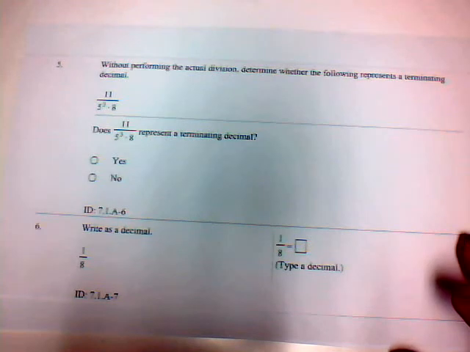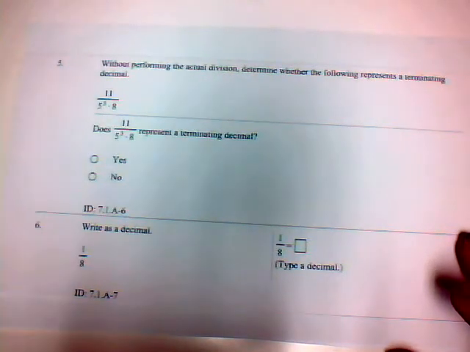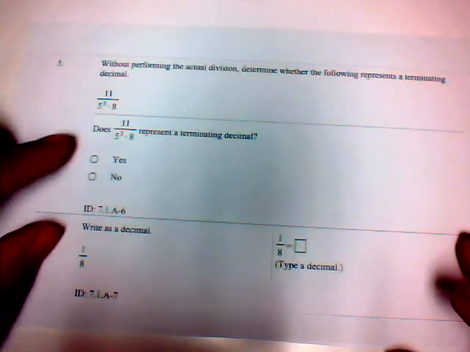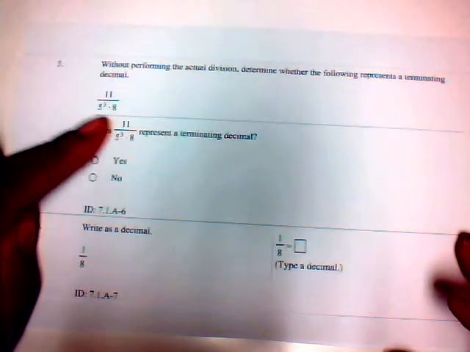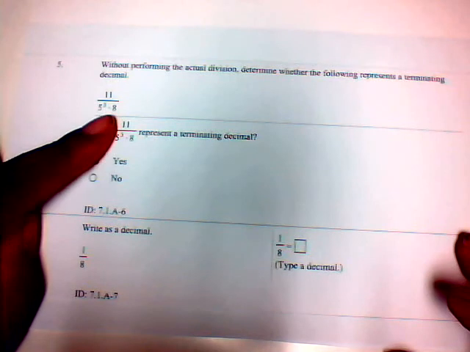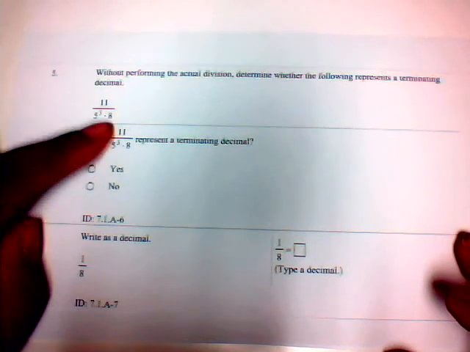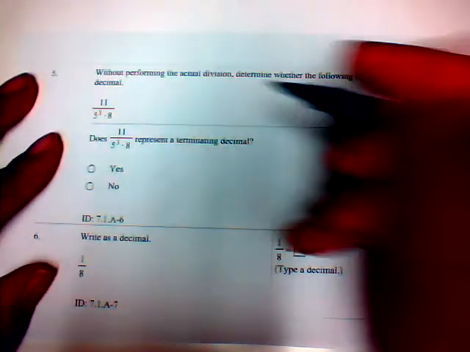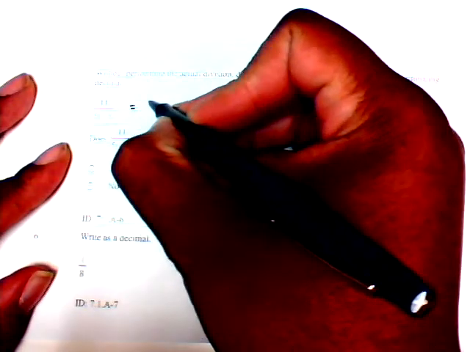Now there is a rule that says in this particular situation, you cannot have any of the primes other than 2 and 5 for it to be a terminating decimal. 8 is not a prime number. However, we can write 8 as a product of primes.